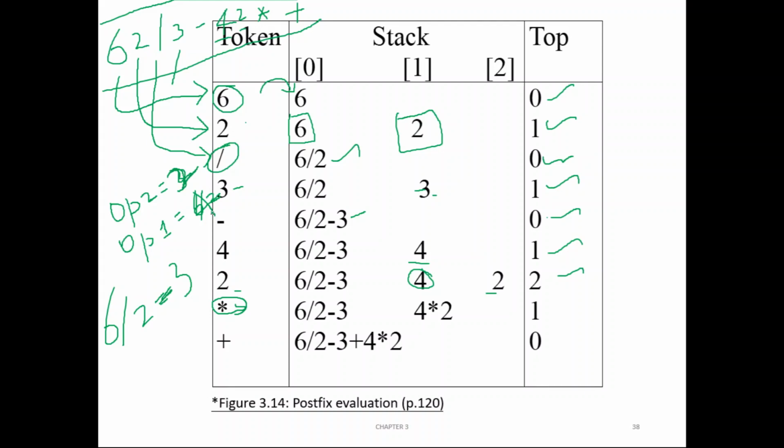Now perform the operation of the operator you got, which is star, on operand 1 and operand 2. That is 4 into 2, which you push into the top of the stack. So now the top of the stack is 1. The 0th position contains the result of 6 by 2 minus 3, and the top of the stack contains 4 into 2.